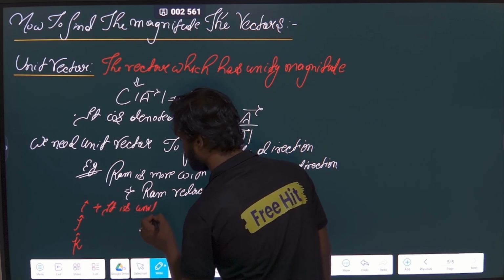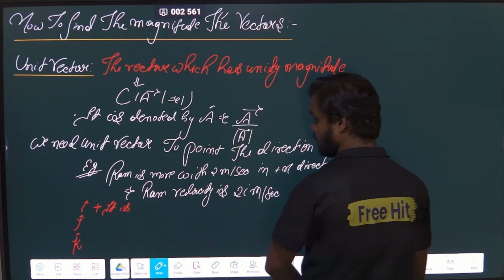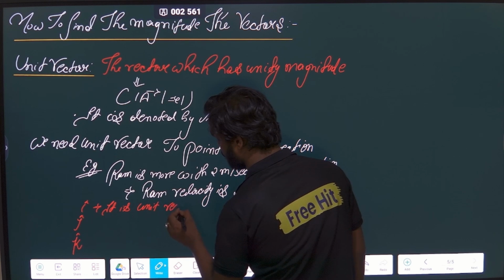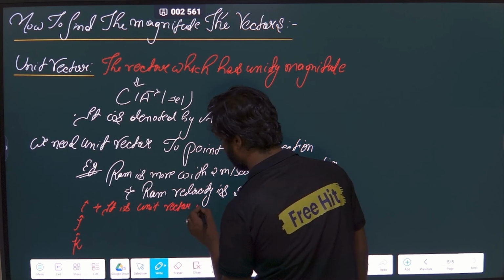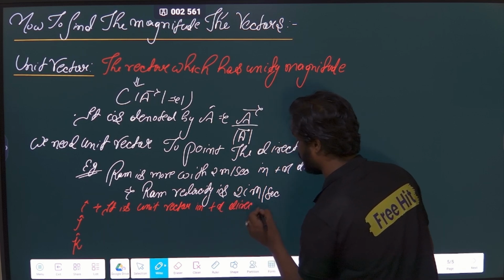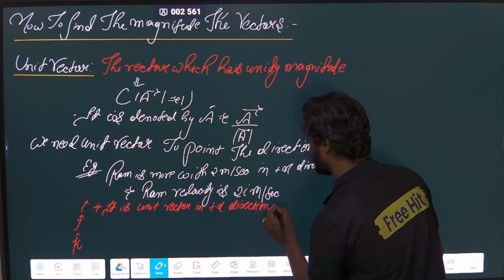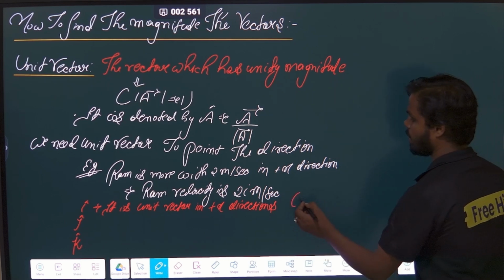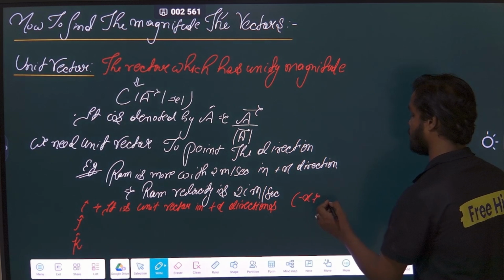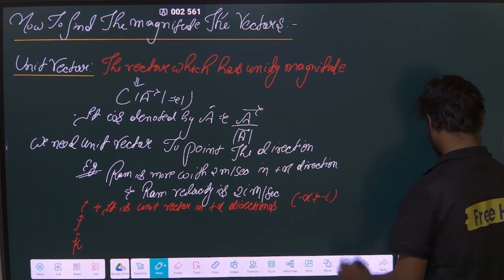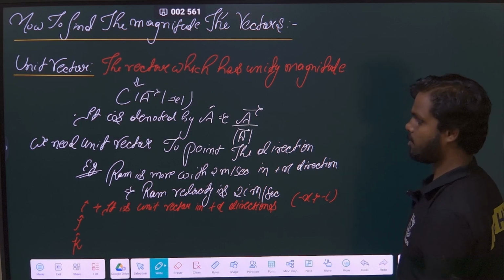It is a unit vector in positive x direction. Clear? It is a unit vector in positive x direction. So for minus x direction, what will be the unit vector? Can anyone tell? Obviously minus i. For positive x direction it is plus i, so for negative x direction it will be minus i.